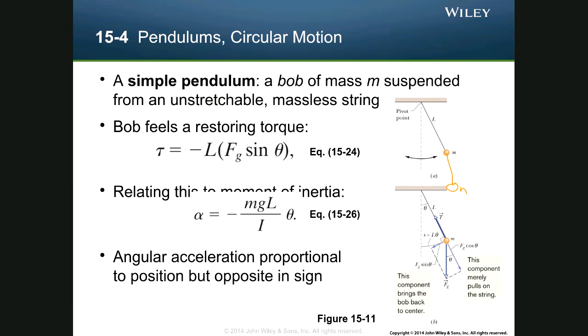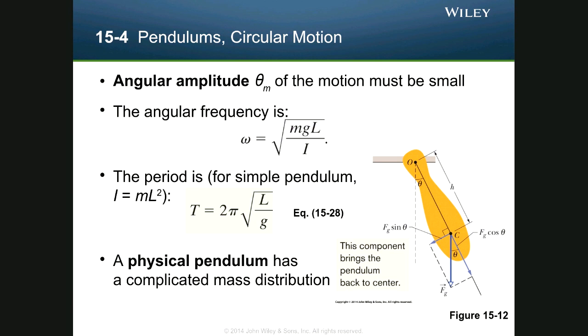We see that has to be true, and the angular frequency squared will be mgL over I when theta is small. If I equals mL squared, we can see that omega will be equal to the square root of g over L. You'll notice the frequency does not depend on the mass, because the moment of inertia is down here.